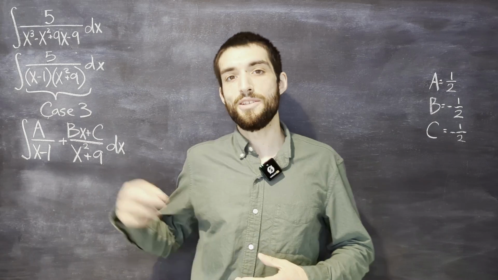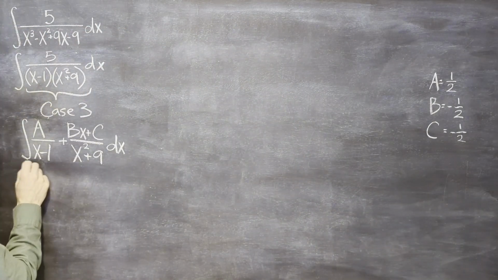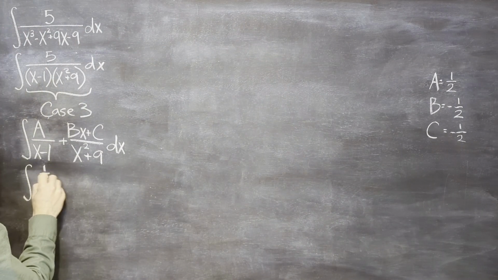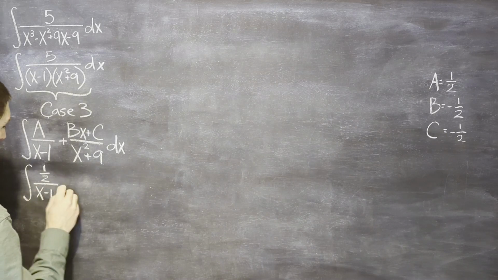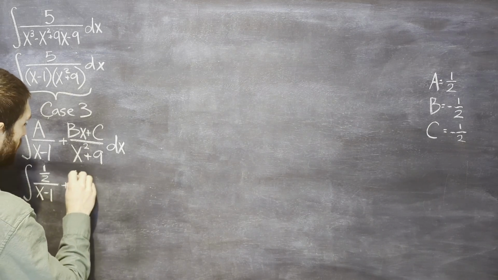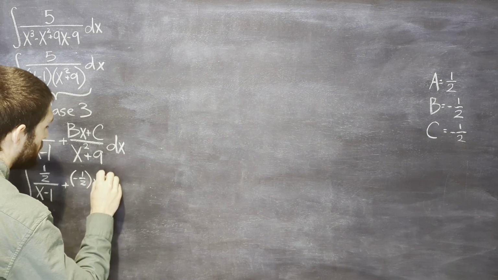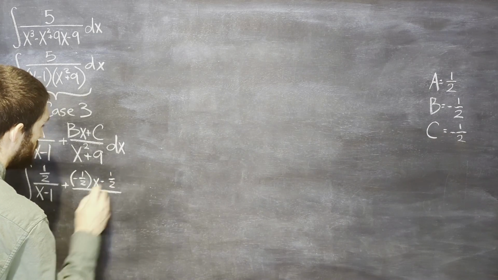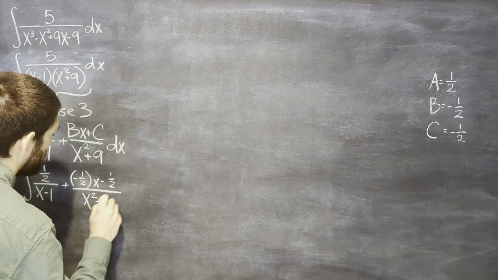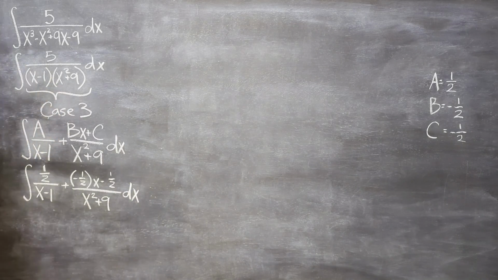Substituting these values back into our integral gives us the integral of 1/2 divided by x minus 1 plus negative 1/2 x minus 1/2 divided by x squared plus 9 dx.